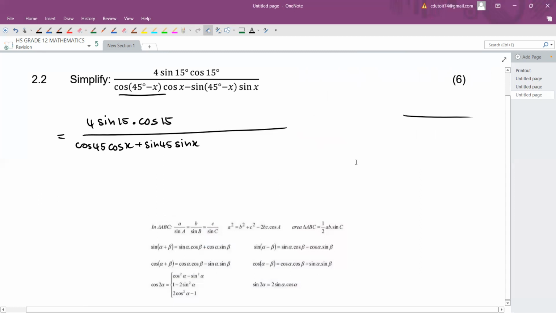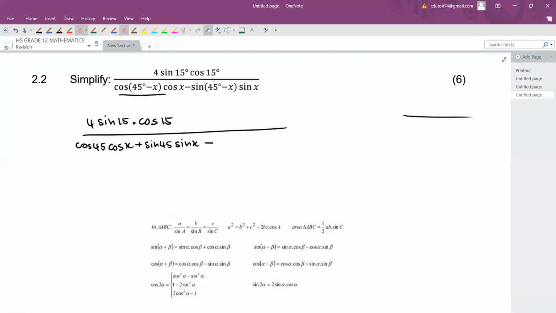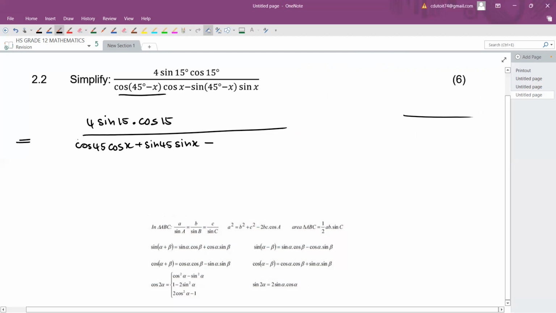Okay, so that's a one term, and then minus, I have sin A minus B. Oh, I forgot to multiply that with cos x. So what I'm going to do, I'm going to put this in brackets. And instead of cos x at the back, I'm just going to write it in front here because I'm going to multiply it with cos x. And then same here, I'm going to take the sin x and put it in front here.